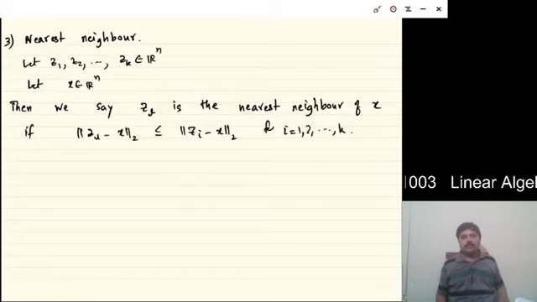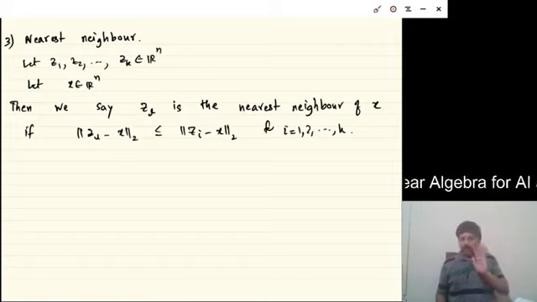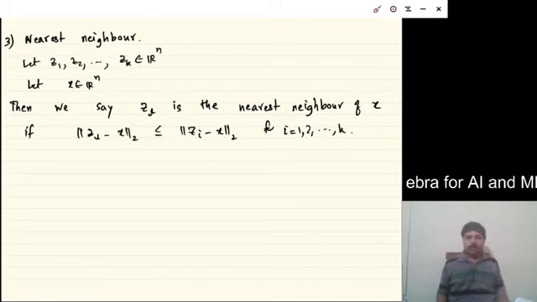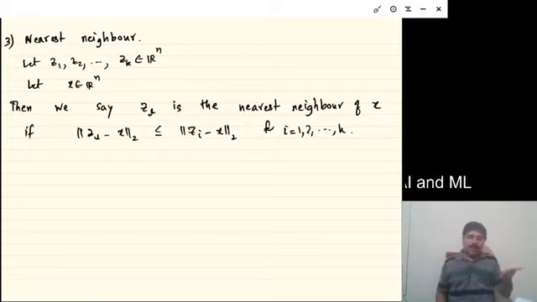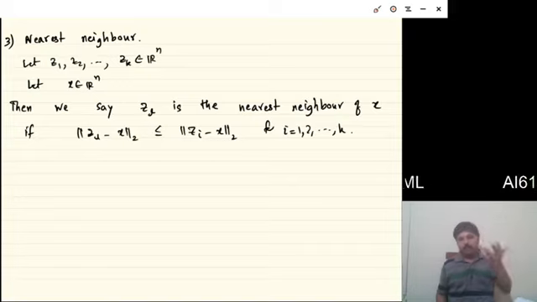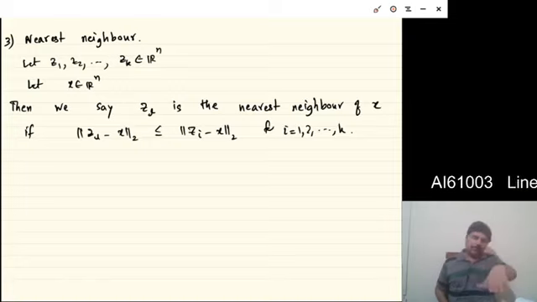This particular vector zl will be called the nearest neighbor of x if the norm of zl minus x is less than the norm for all the others. So zl is closest to x in terms of the Euclidean distance that we have defined. In the same tune, you can define m nearest neighbors. You can take m equal to 2, so 2 nearest neighbors, and so on.